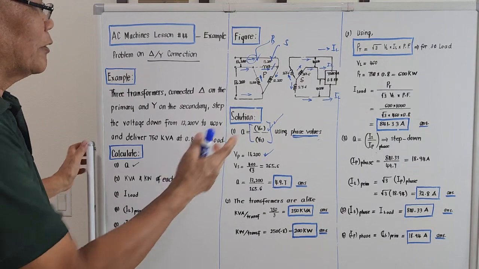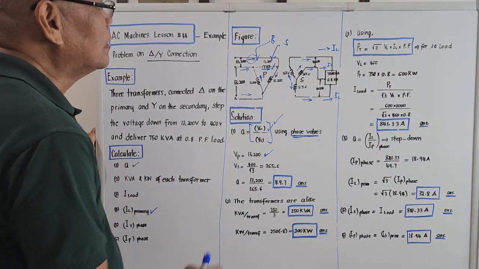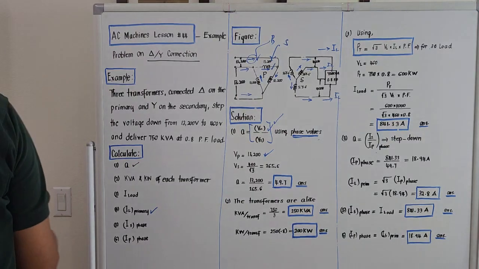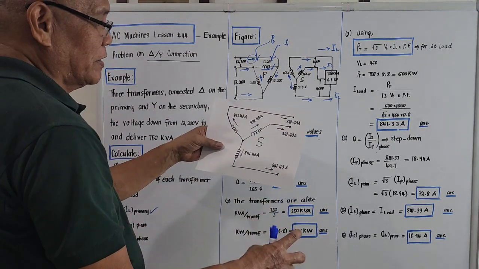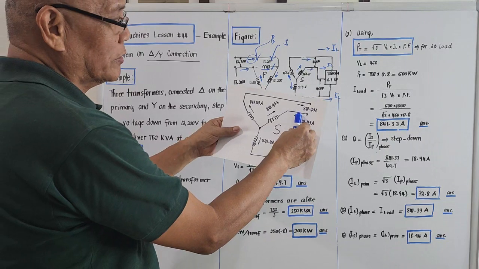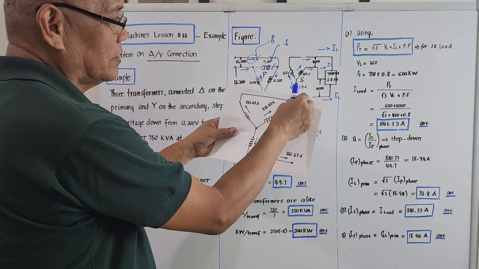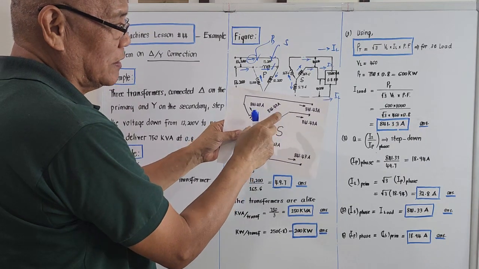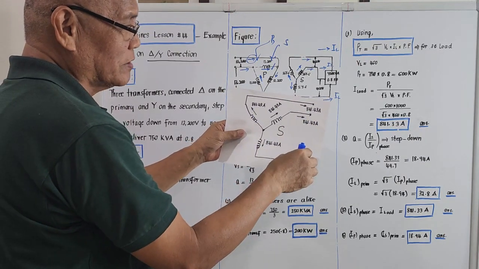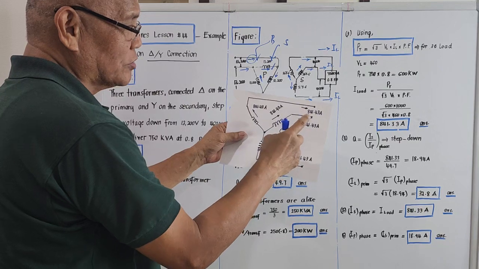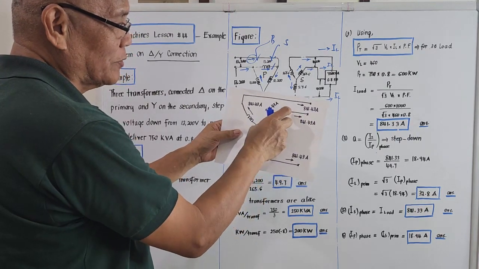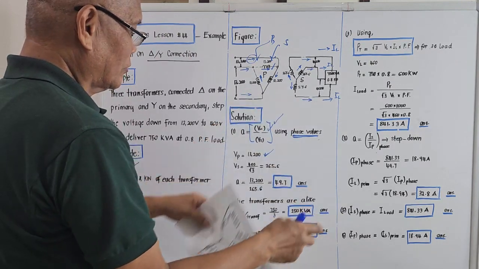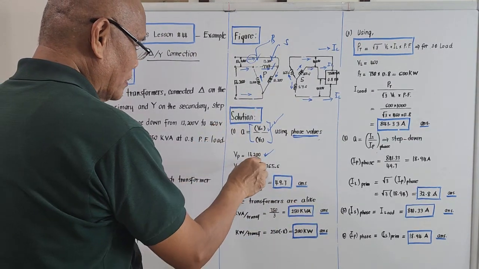Okay. How about the secondary side? For the secondary side, the line-to-line voltage is 460. Okay, so the phase voltages will be less than the line-to-line voltages. And the relation of the line-to-line with respect to the phase voltage for a Y-connected transformer is actually given by this formula.